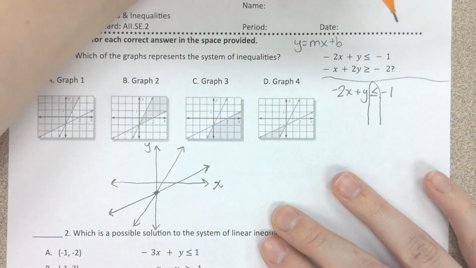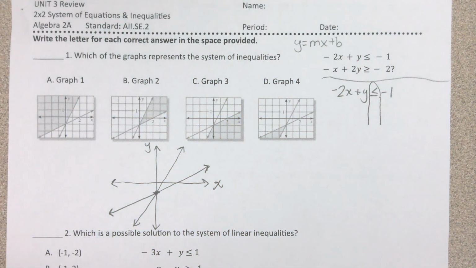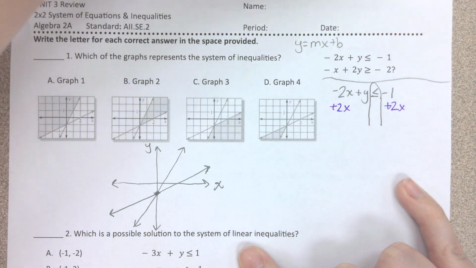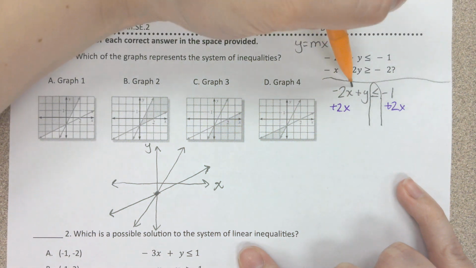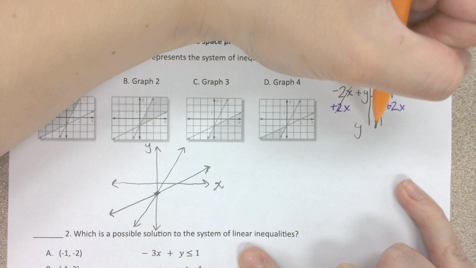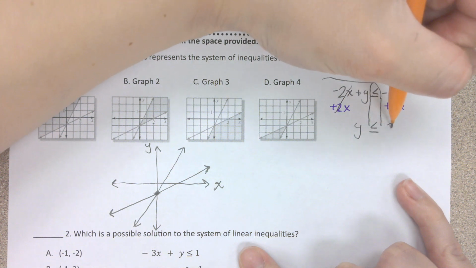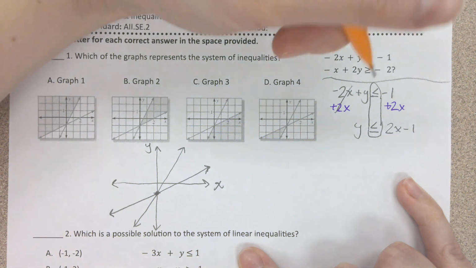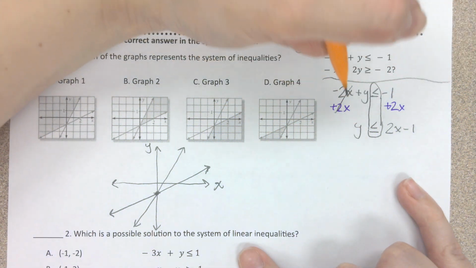This is a minus 2x, so I'm just going to plus 2x on both sides. These are going to cancel. y is less than or equal to 2x minus 1. So this I'm just going to call equation 1.